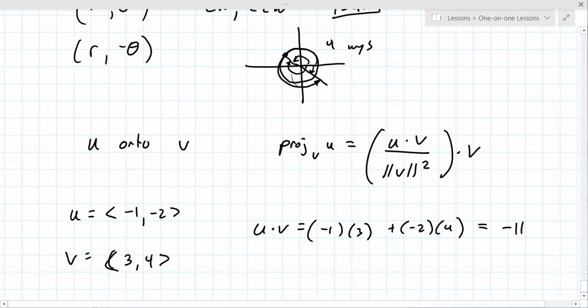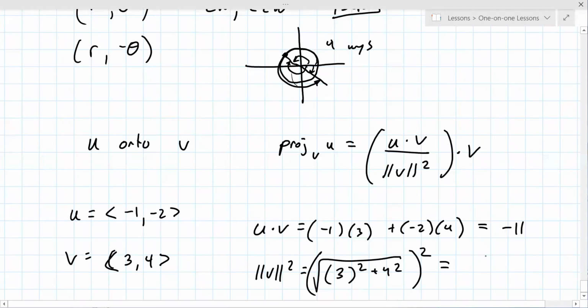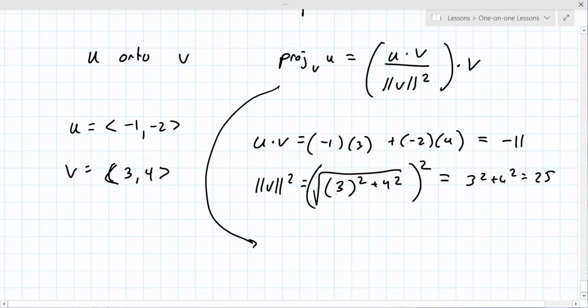That's -11. Magnitude of V squared is 3 squared plus 4 squared square rooted, but then you square it, so it undoes that. It ends up just being 3 squared plus 4 squared, which is 25. So the projection is -11 over 25 times V.